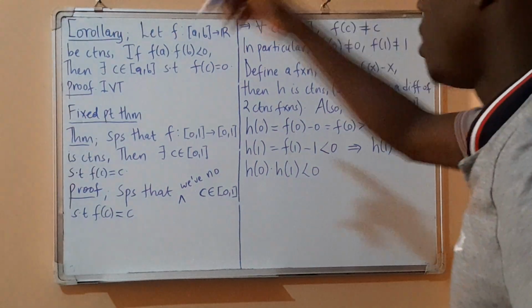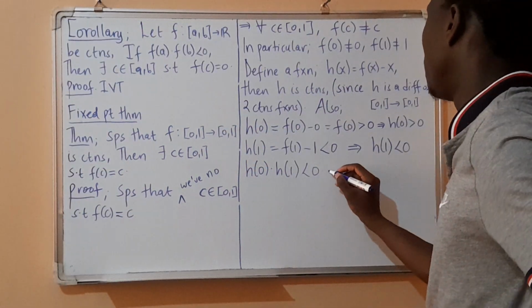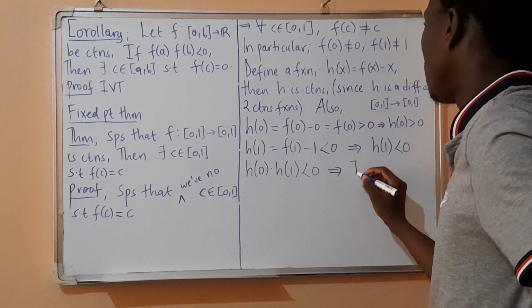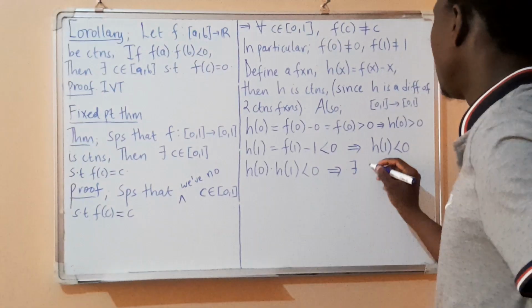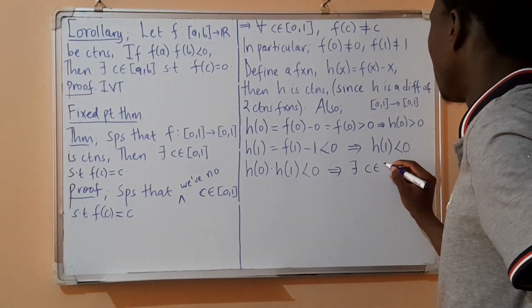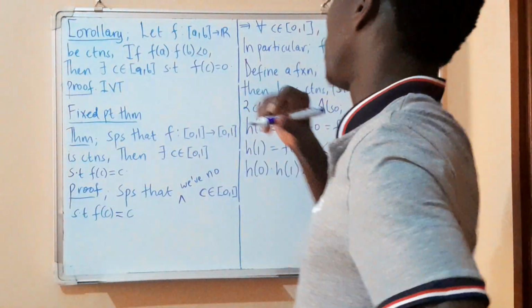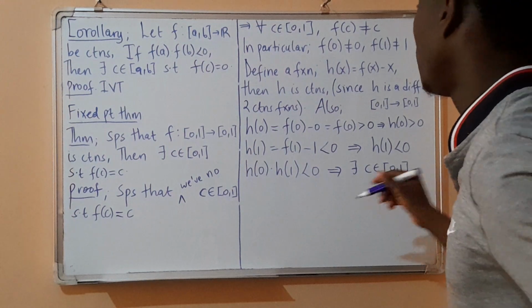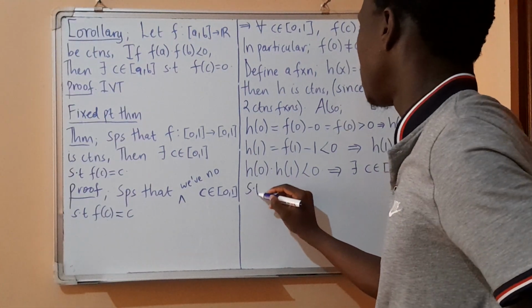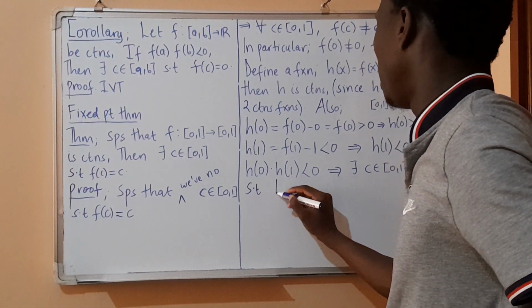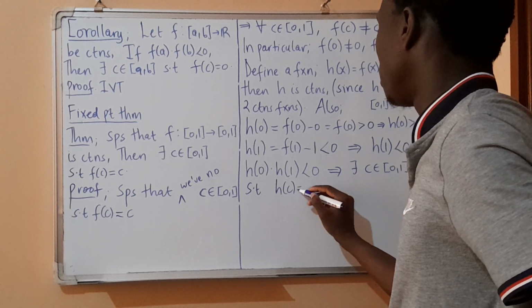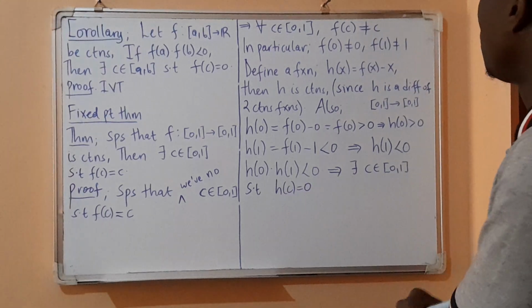Then by our important corollary, this implies that there exists a c in [0, 1] such that h of c is equal to 0.